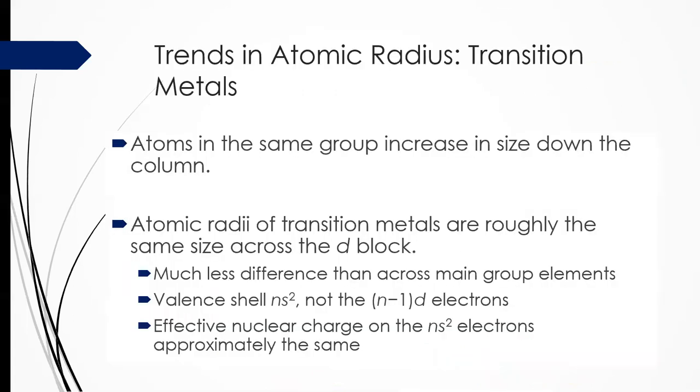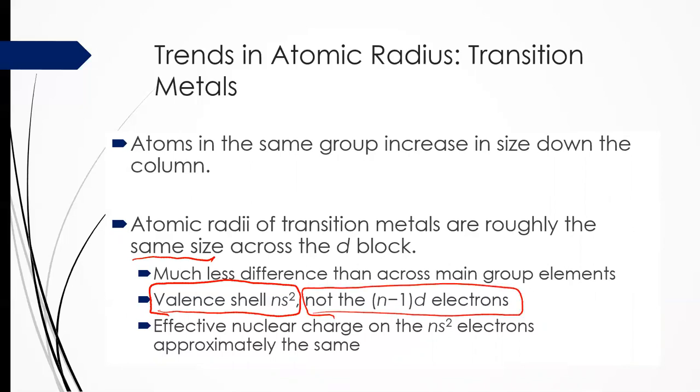Now, when we get to our d orbitals, so our transition metals, what's happening there is that our d block all kind of have the same size roughly. So all of our transition metals roughly have the same size. And that's because that d is no longer your valence shell. The valence shell is really the ones in the s, not the ones in the d.